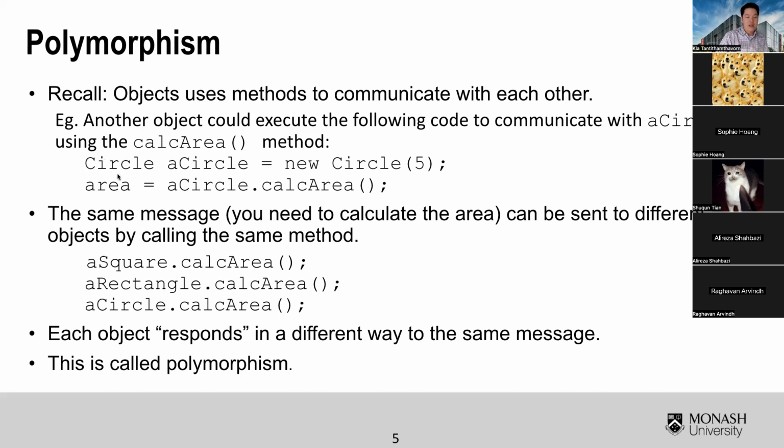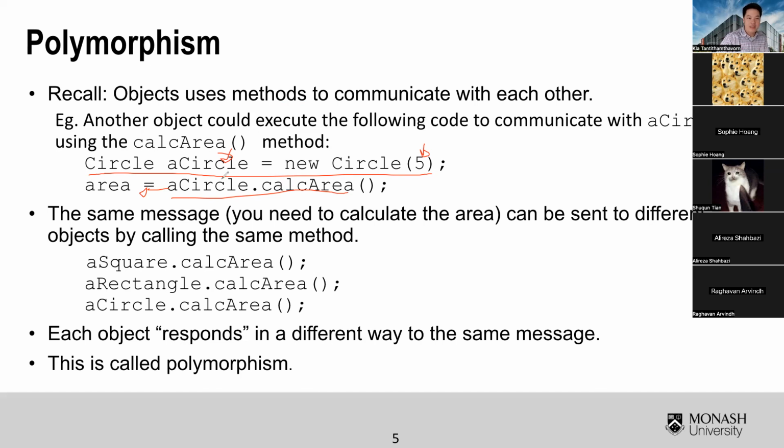We create a new object here, a new circle, 5 here, maybe some value that we use to calculate the area, in the variable circle, and we want to return the calculated area to the area. So it will get something.